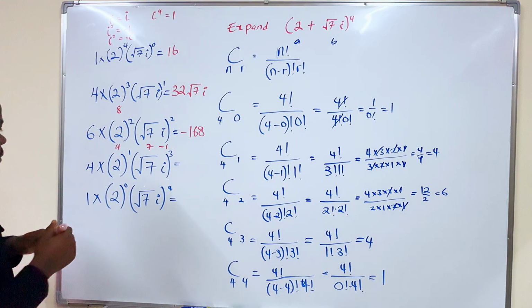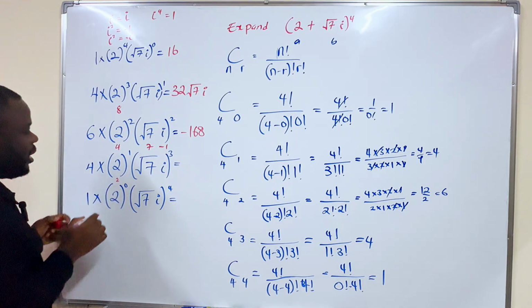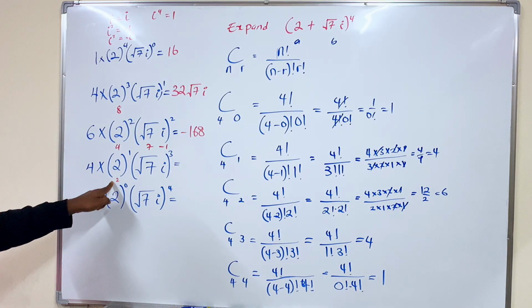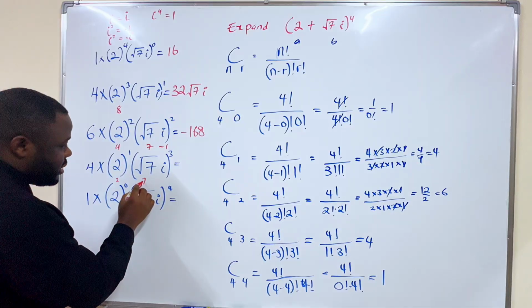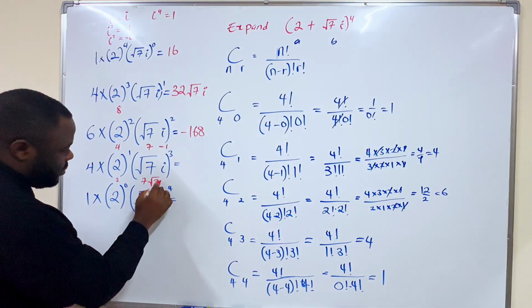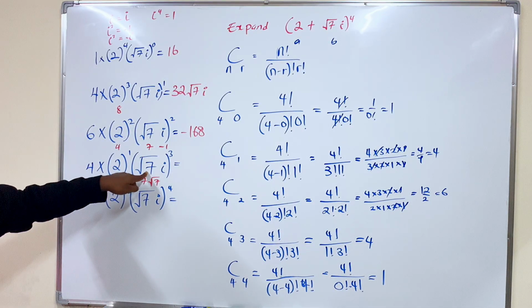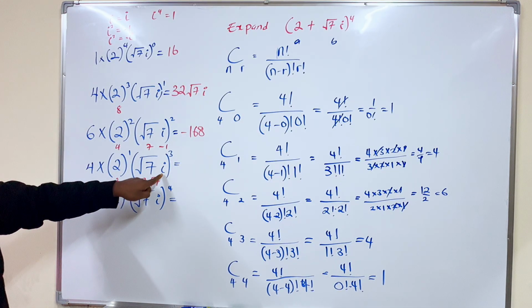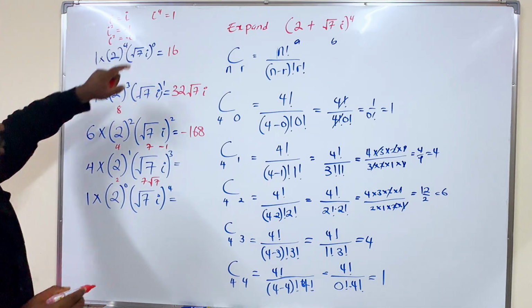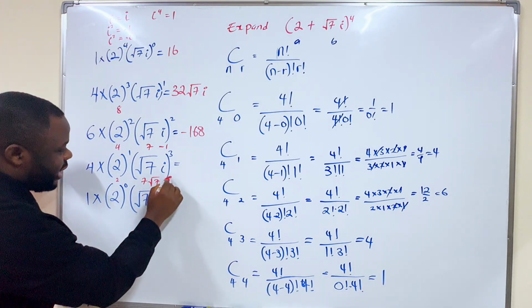So here we have, of course, this is 2. Then we have 4 times 2 is 8. Here is going to be 7 square root of 7. Okay? Because square root of 7 cubed is going to give you 7 square root of 7. Then i cubed, our i cubed here is what? Negative i, right?